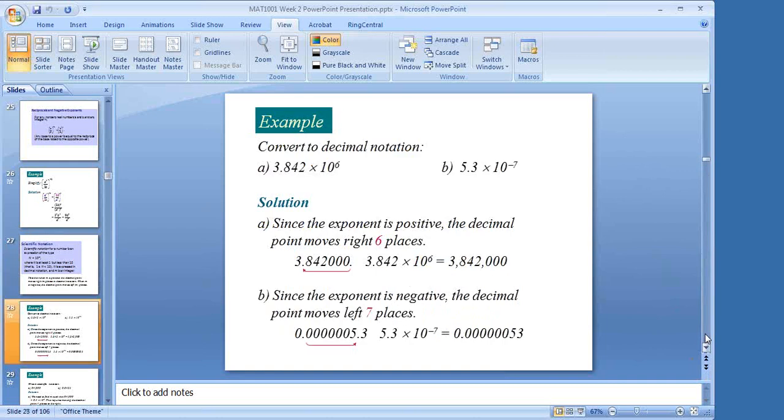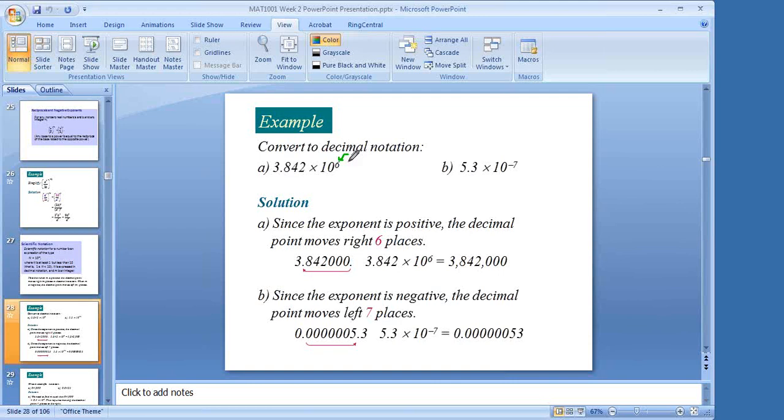All right, so let's say we had a number like 3.842 times 10 to the 6th, and we want to write that as a decimal. Now, you may say it already is a decimal, but it's not. That is scientific notation. I want to make it just a decimal. What you'll do is notice that you have a 10 to the positive 6. That means I'm going to take the decimal and move it right 6 places.